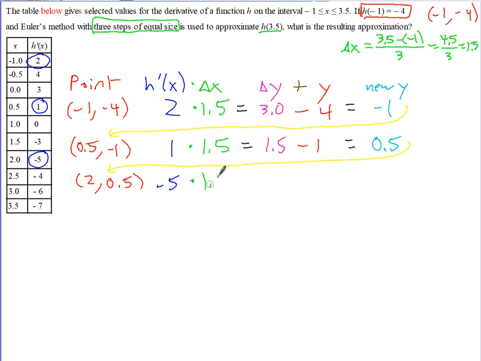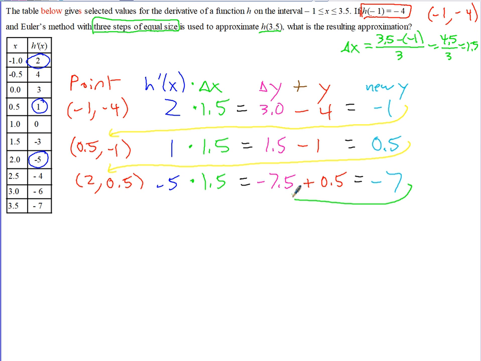Times step size 1.5. Well, 15 times 5 is 75. So this would be 7.5 and then negative. So -7.5 is our change in y. And then our original y-coordinate, we add that, is 0.5. So -7.5 plus 0.5 gives you the new y-coordinate of -7.